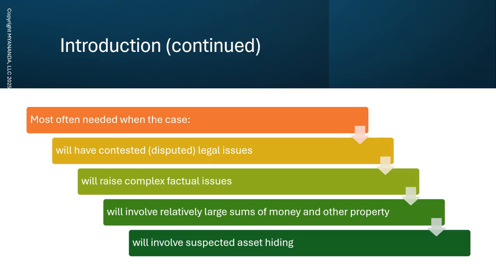Will it involve large sums of money and other property, which generally means all of the above. There's a dispute, it's complex, and also generally means are we going to see any suspected asset hiding on the part of either party? And you need to ask the client this too. So this is something that we look into in the initial consultation.